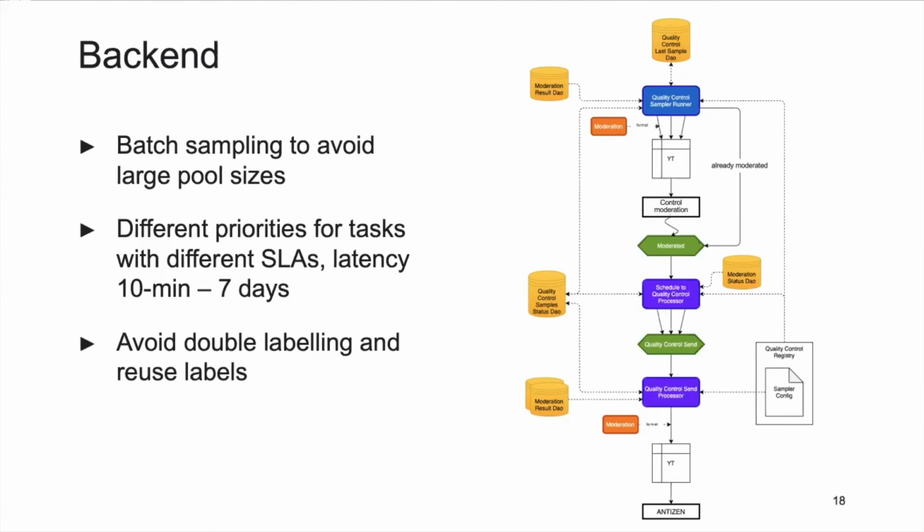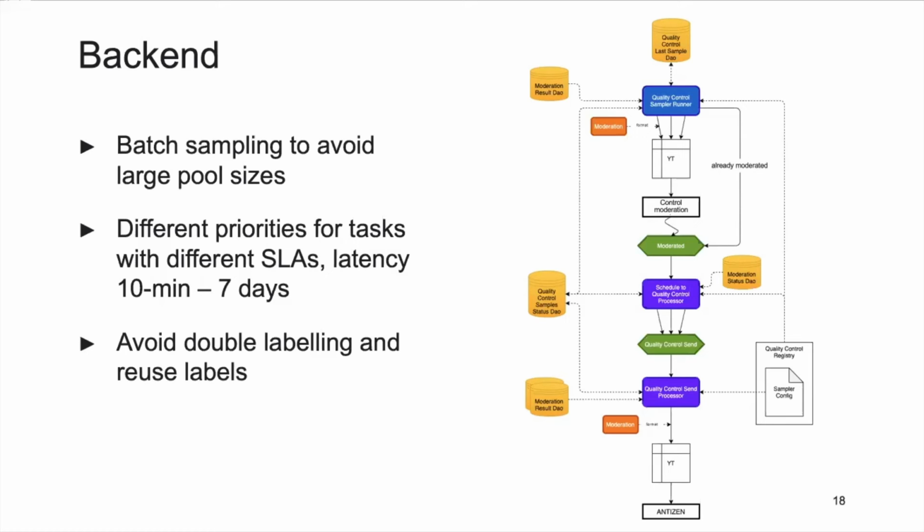Some important features are that we want the pool sizes to be small enough for the pools to be closed with low latency, because when you have a large pool size, you might have to wait longer for it to be closed.